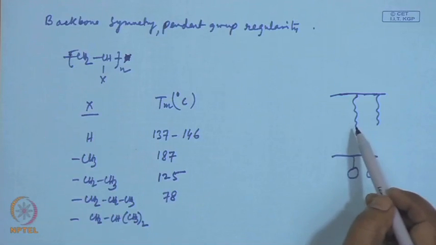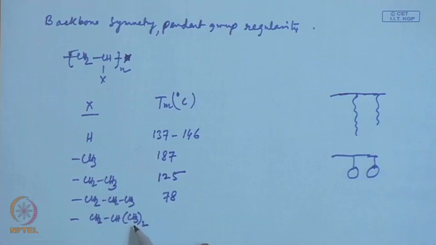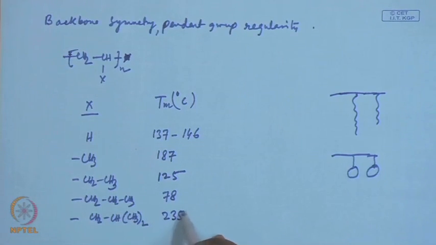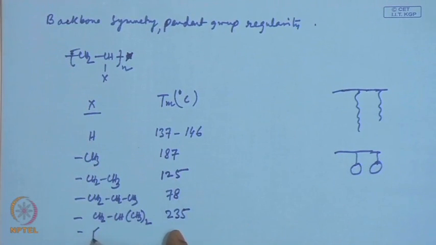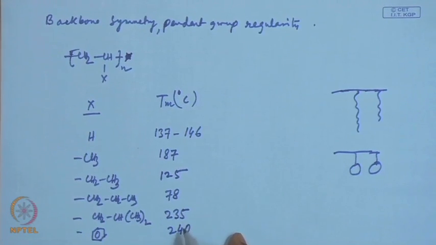So, in this case the stiffness goes up and as a result the Tm goes up, and if you have an even bulkier group, then the Tm goes up further.